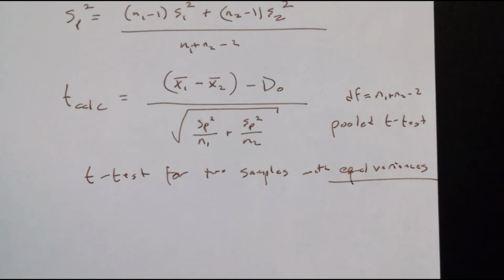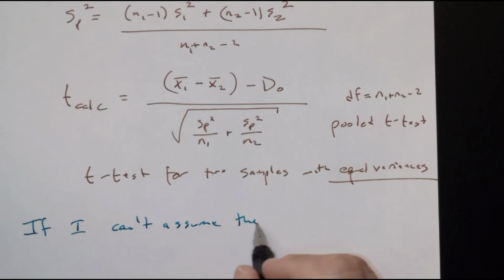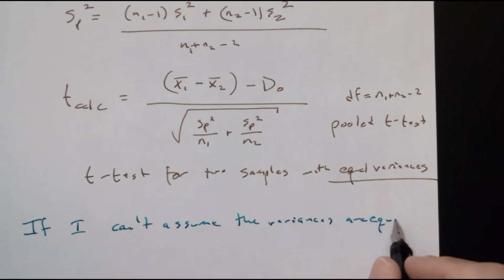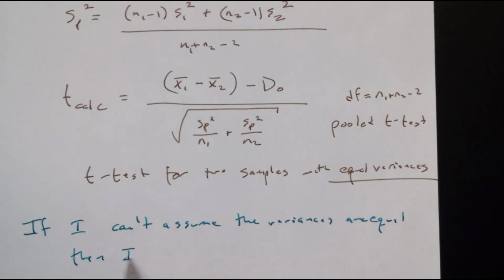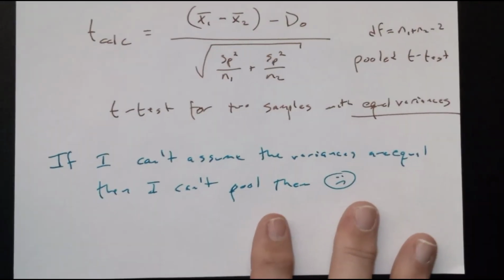But that means there's another case. The other case means I can't put the variances together. And if I can't pool them, I'm going to have to use each one separately.